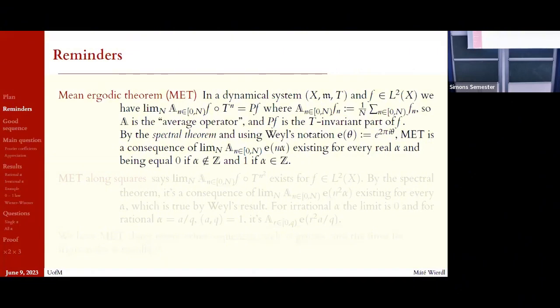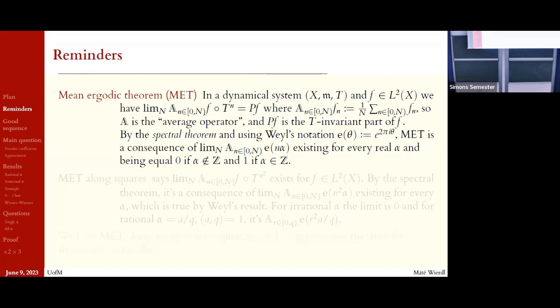Whenever you see an interval, it means an interval of integers. And more generally, whenever you see a finite set in the index part in a subscript, that means that we are averaging over that finite set, normalizing by its size.